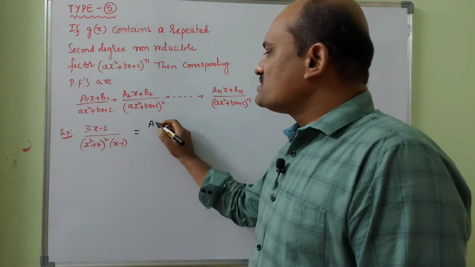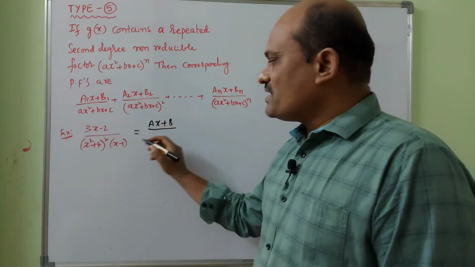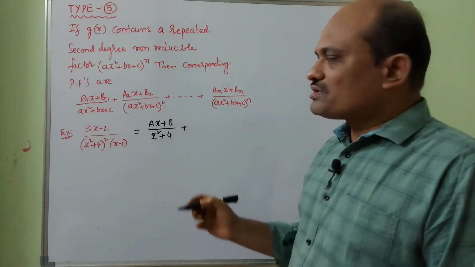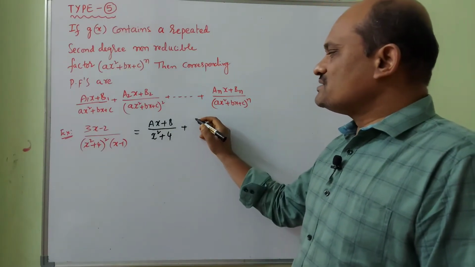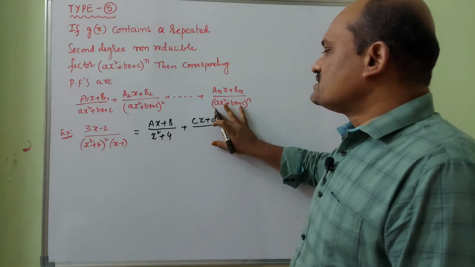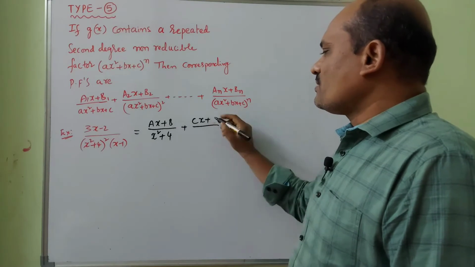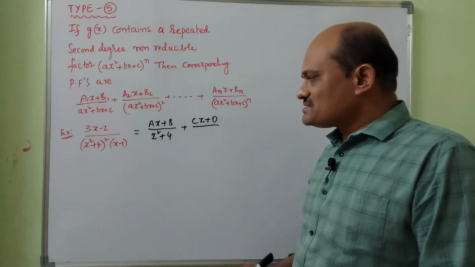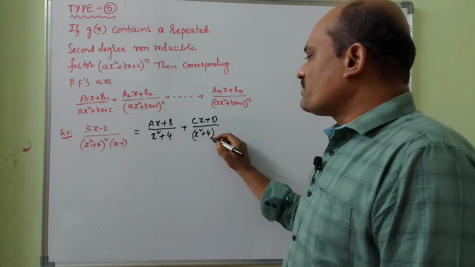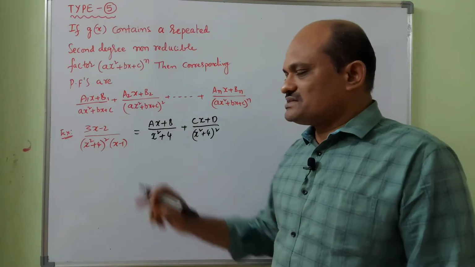You have to take constants a and b, write a linear factor ax plus b divided by x square plus 4. Now take two more constants, cx plus d, better you take capital letters, Cx plus D by, you have to write whole square, it is repeating 2 times, so 2 partial fractions come for this.